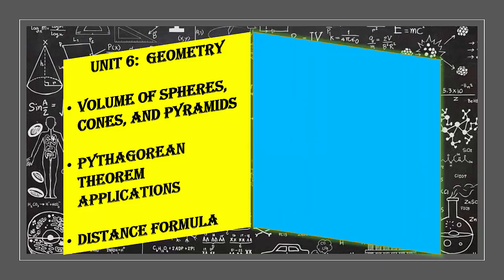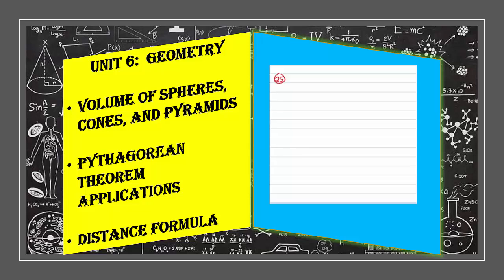Number 25. What is the distance between the points (5, 2) and (-2, 4)? Again, d is equal to the square root of, and again, you're noticing that I'm writing out the formula.